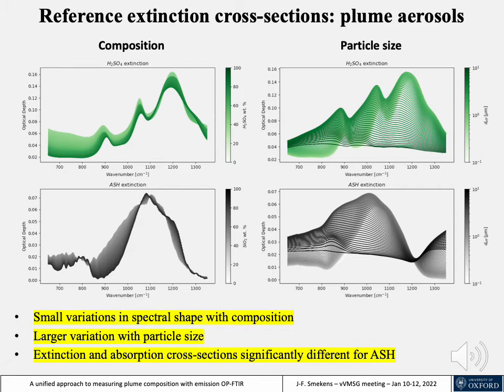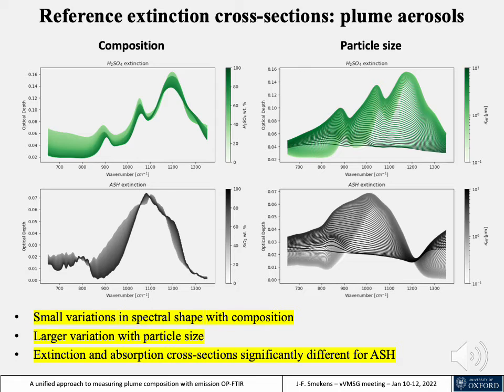The key factor here in the goodness of fit for our retrievals is how well we can model the broad spectral shape of those particle species. So here I've plotted the variation in spectral shape of the extinction coefficient of the aerosols, sulfate aerosols in green and ash particles in gray, and how they vary with respect to their chemical composition, and their particle size on the right panel.